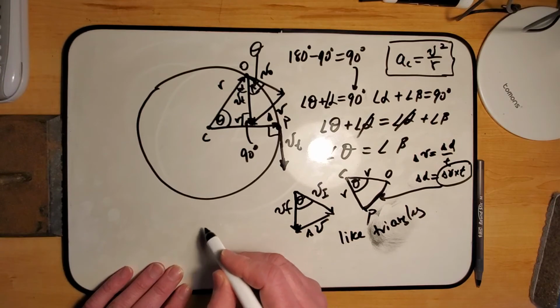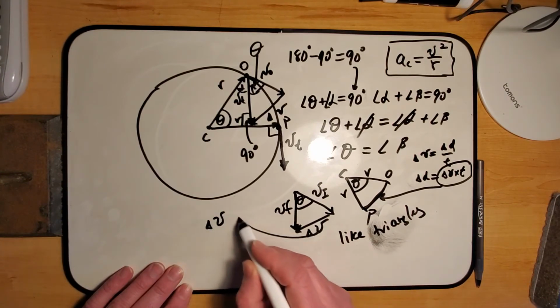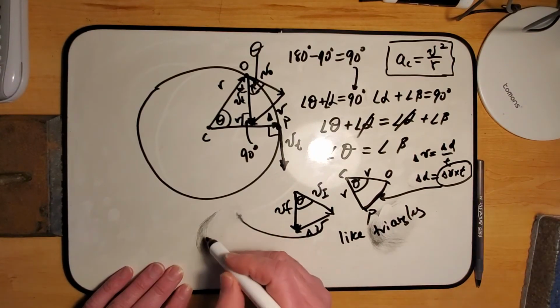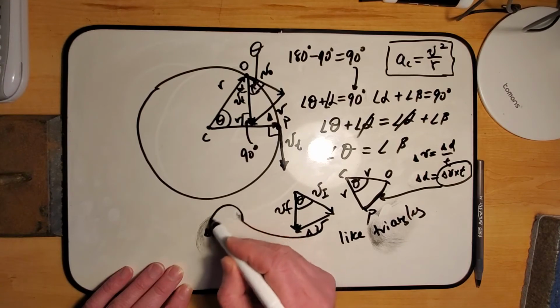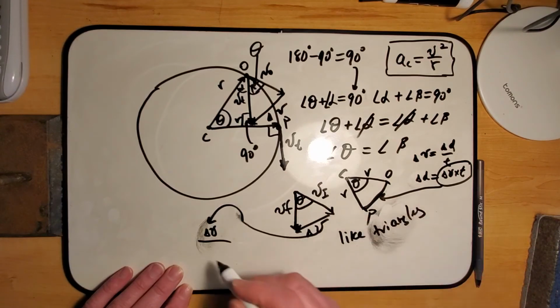So I'm going to say that the change in the velocity here, let me just move it a little bit down here. The change in the velocity here, I took it from here, to any one of these velocities, we can put, because they're equal, doesn't matter.